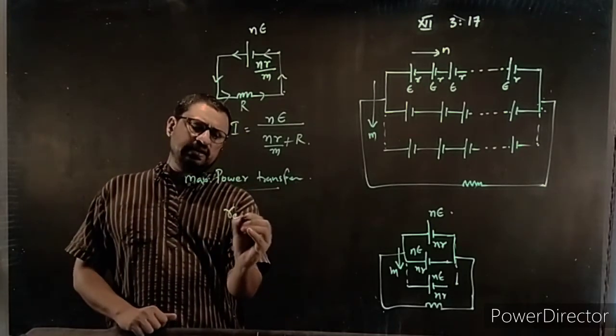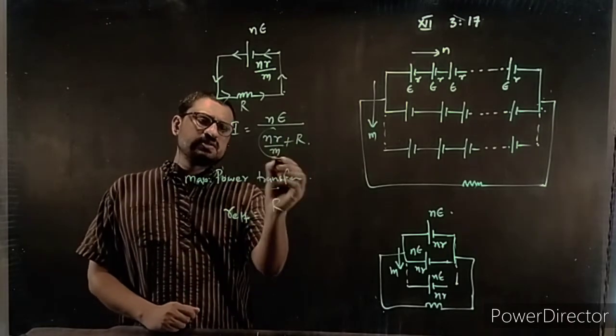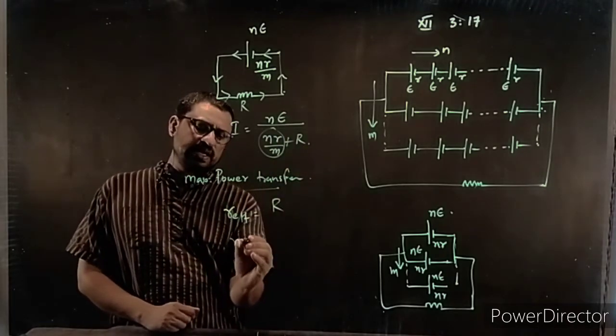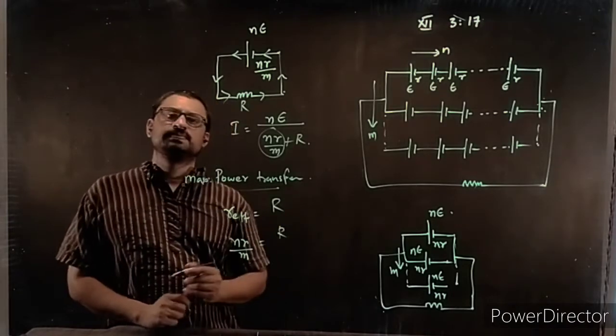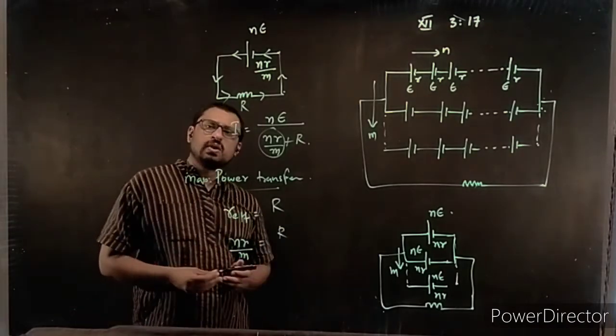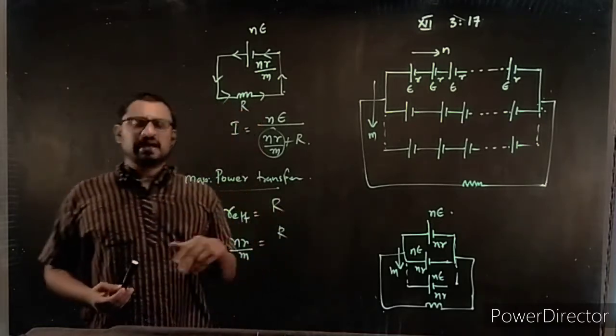Right? The effective internal resistance should be equal to what? The external resistance. So nr by m should be equal to R. When nr by m is equal to R, the current drawn will be maximum.